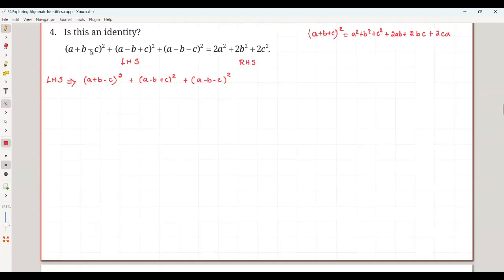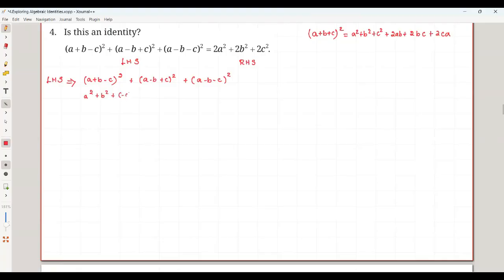For the three terms, we have to use the formula. So you expand.